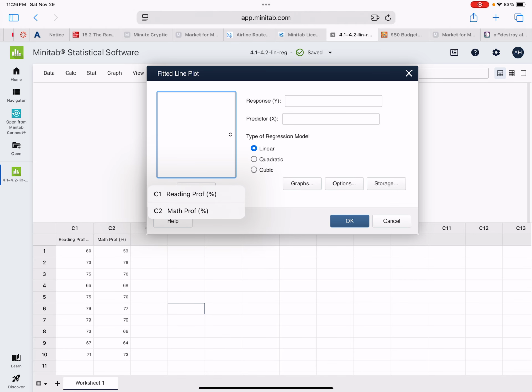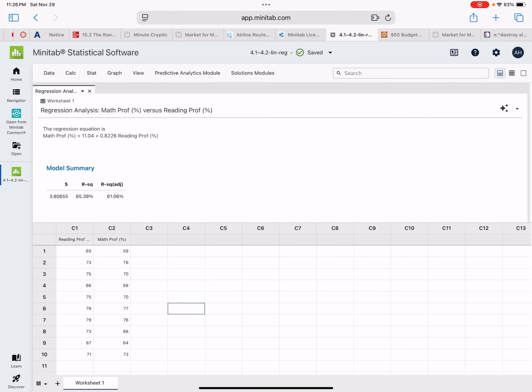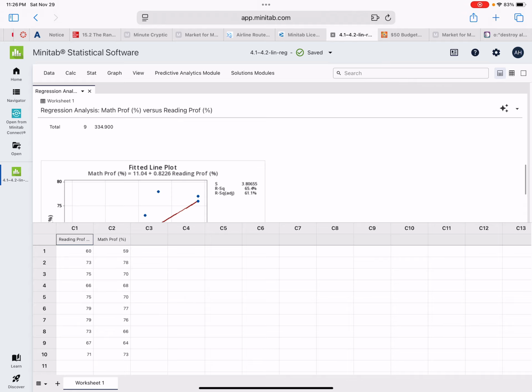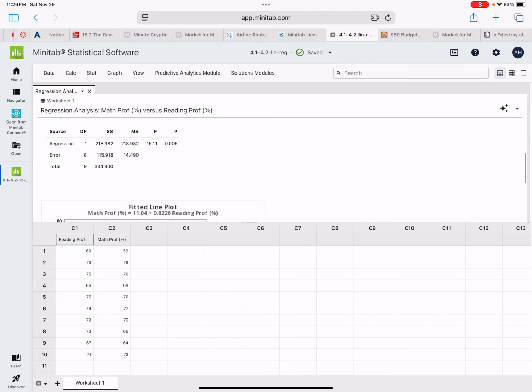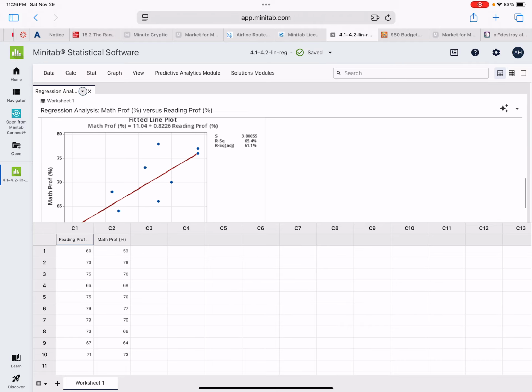It doesn't really matter in this case, but if they give it to you as reading first and then math second, let's just stick with that. Keep everything the same, press OK. And if we take a look, they give us r squared, we'll get to that in a sec. I can ignore those numbers.